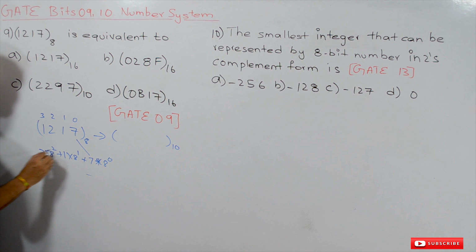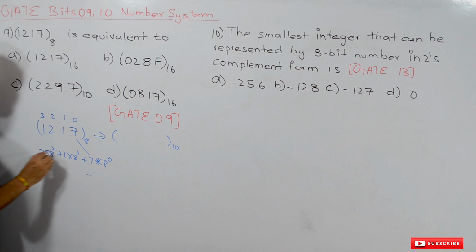We have to convert this number to base 16 and check whether it is equal to any of these values. How to convert a base 8 number to a base 16 number? A separate video has been made on how to convert a number in powers of 2 to a number in other powers of 2.